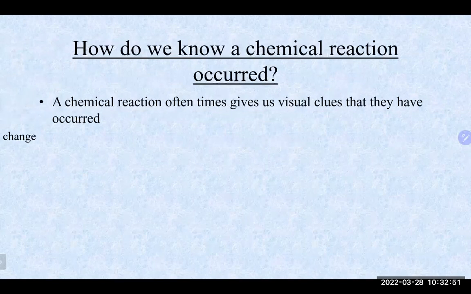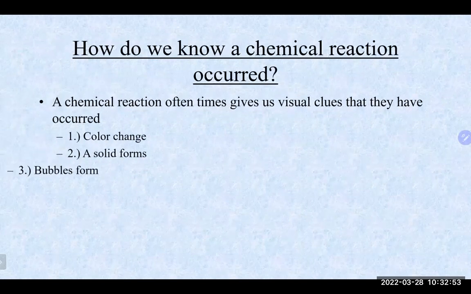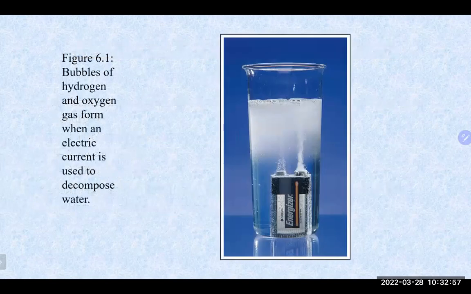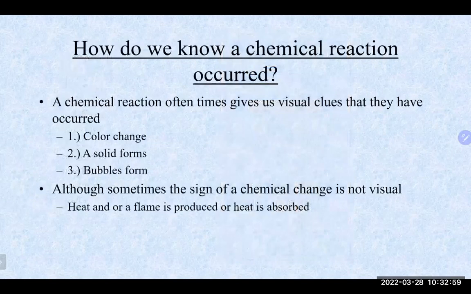So first off, how do we know a chemical reaction occurred? There are some signs that allow us to figure that out. A lot of times, some type of chemical or color change really indicates that something has occurred. A solid being formed or a precipitate being formed is definitely a sign that a reaction took place.